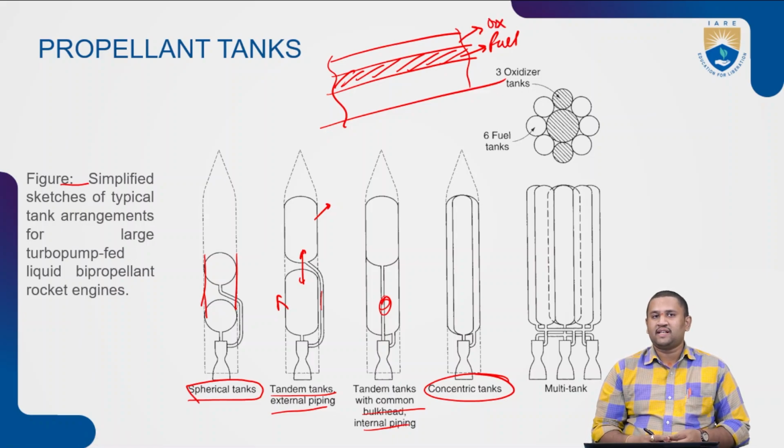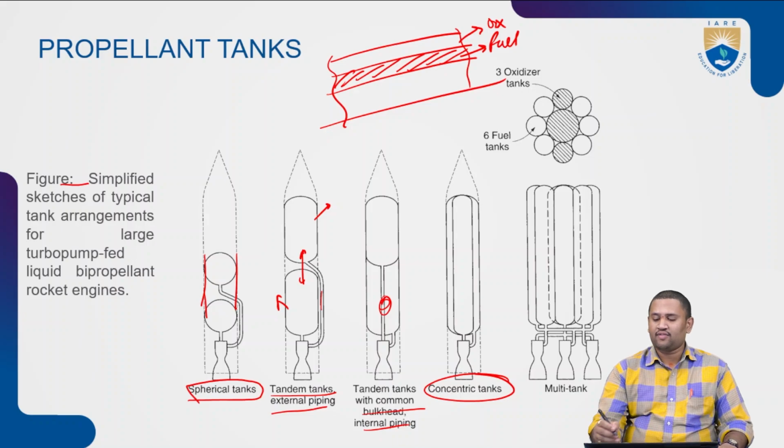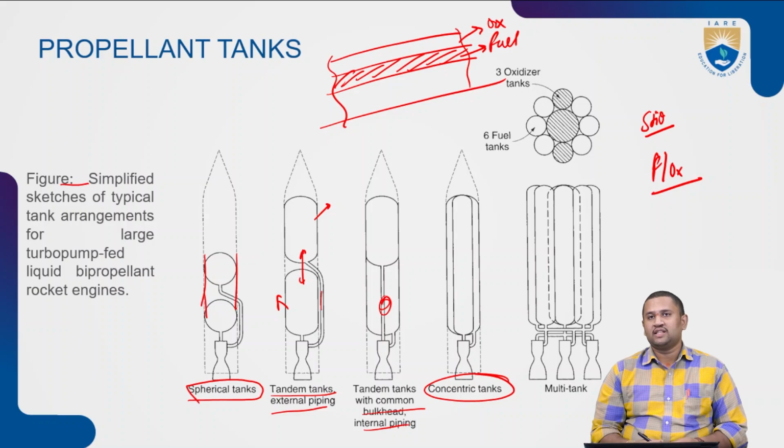This type of arrangement can be used for all rocket systems, but the only thing we need to take care of is the stoichiometric ratio, or the fuel to oxidizer ratio. Based on this, we can select the orientation, the size of the tank, and the number of tanks.